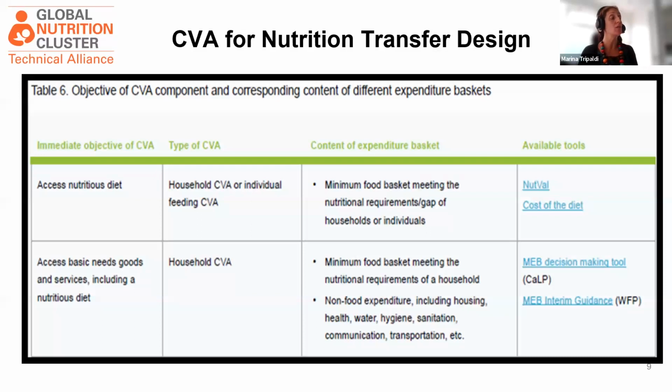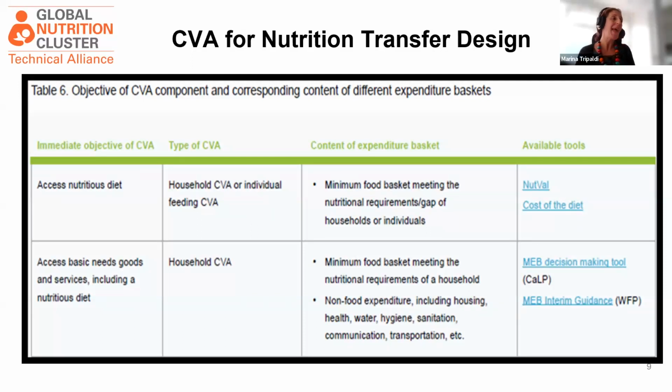But that should include, of course, also a nutritious diet. Most of the time when CVA is designed for this purpose it is based on a household's target group, a household's transfer value. And as we know, in a humanitarian crisis, people very often face multiple needs.